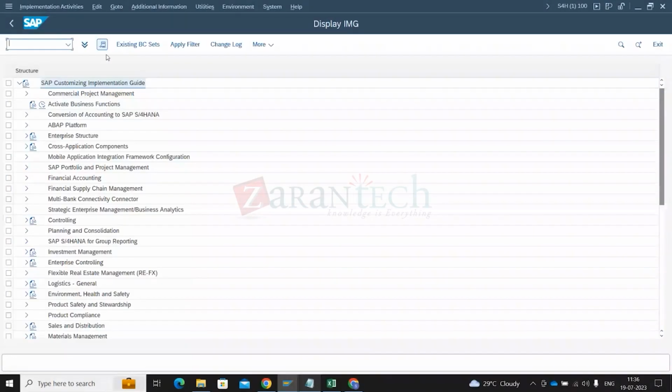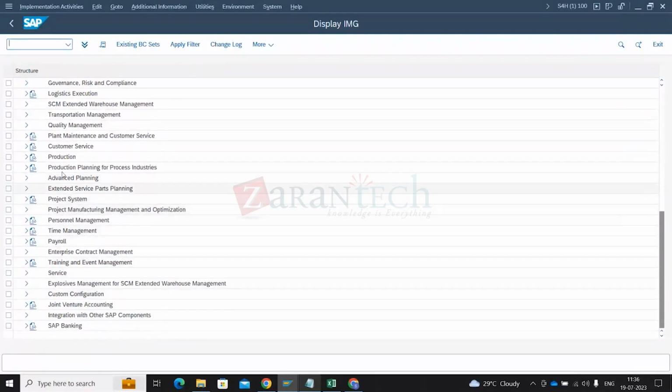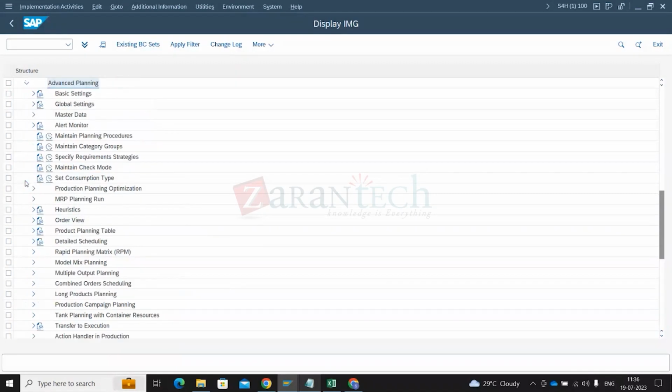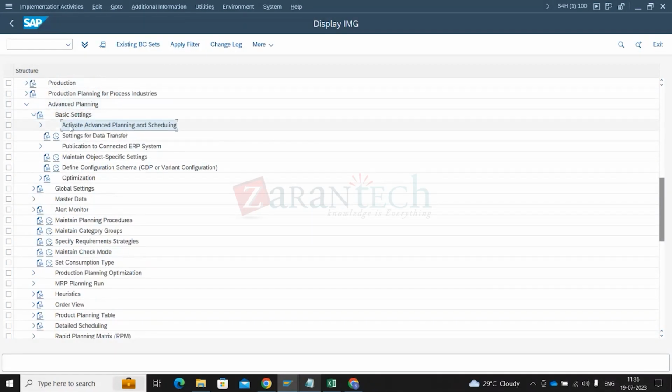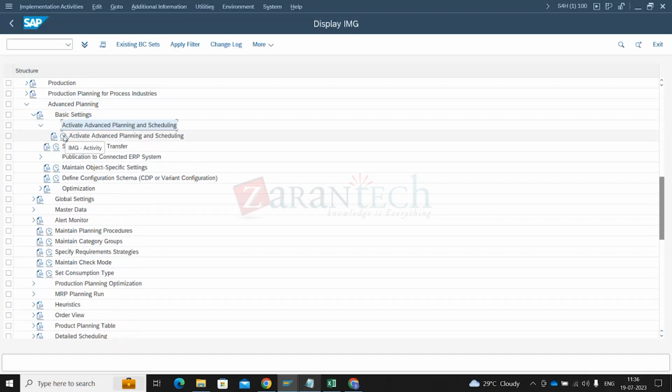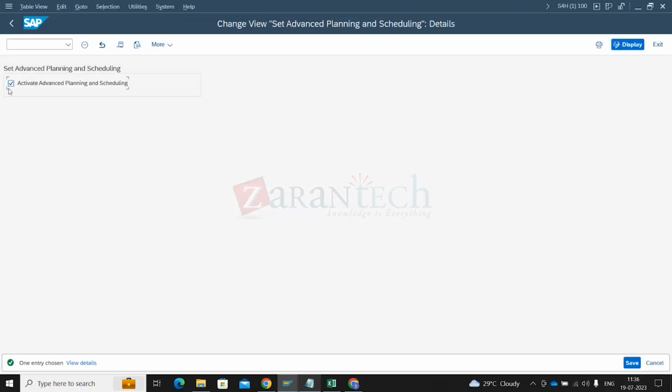Once you go into SPRO, there is a dedicated section called Advanced Planning at the bottom. Can you locate it? Here it is. This advanced planning is for PPDS dedicatedly. You go inside this one and then somewhere here, basic settings. Under basic settings, you have this option called activate advanced planning and scheduling. You just need to double click and ensure that this is activated for your system.